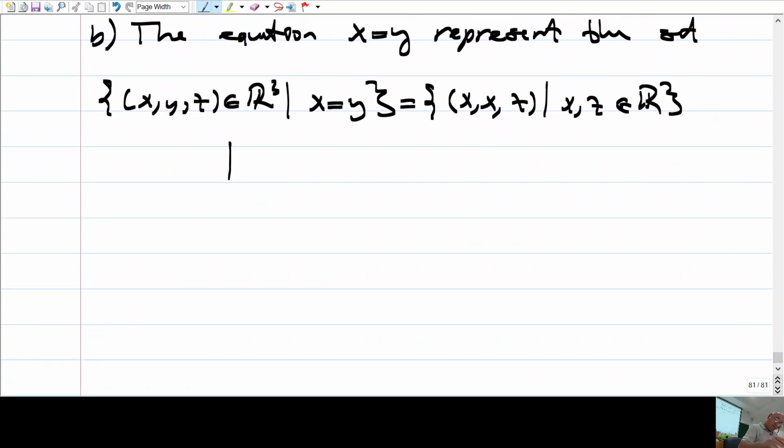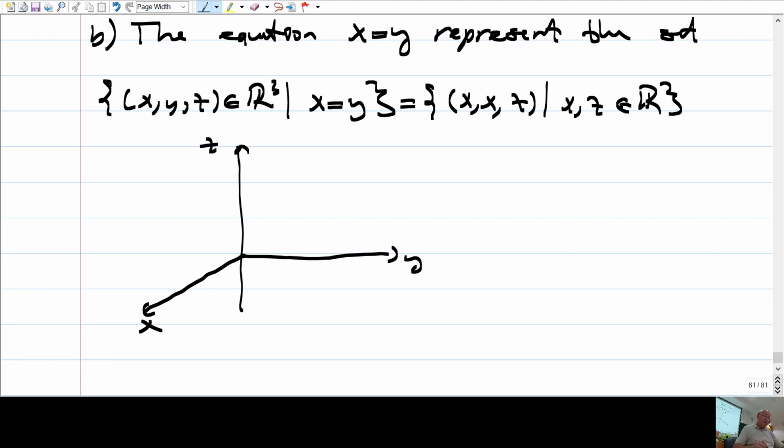Well, you see in the xy plane, x equals y would be just this line, right? So that x coordinate and y coordinate are the same.